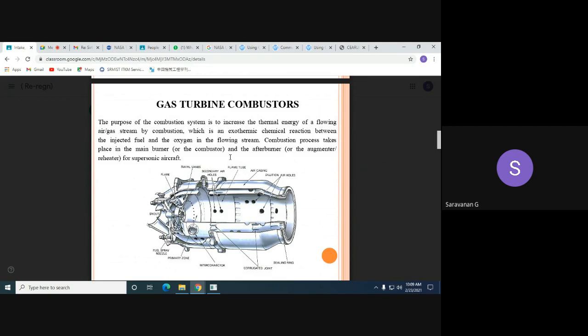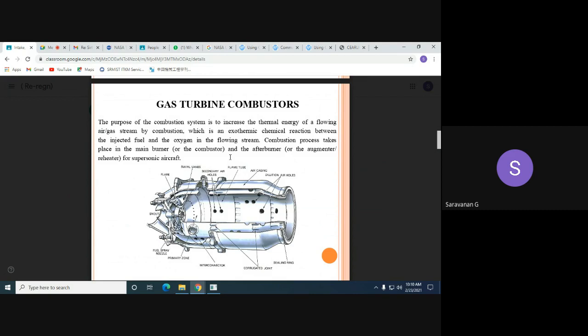So the purpose of the combustion system in the jet engine is to increase the thermal energy of a flowing gas by combustion. Air from the intake and compressed air from the compressor is taken to the chamber, where fuel is added. The fuel along with the compressed air gets combusted, and that burn generates hot gases.